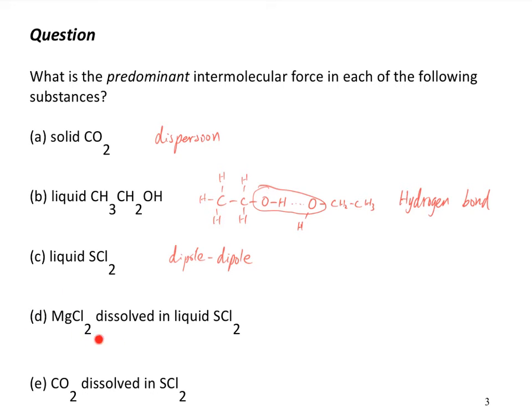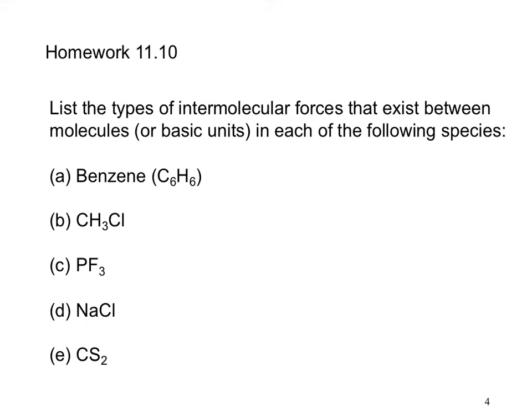And again, we just talked about magnesium chloride dissolved in liquid sulfur dichloride. It is ion-dipole. In the last case, carbon dioxide dissolved in sulfur dichloride, it is dipole, induced dipole. So we have talked about it in the previous slides. Now let's move on to this list.